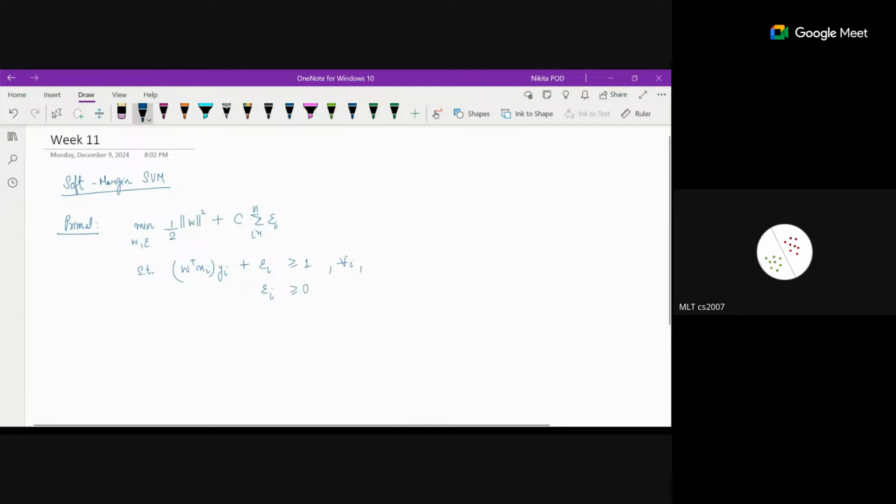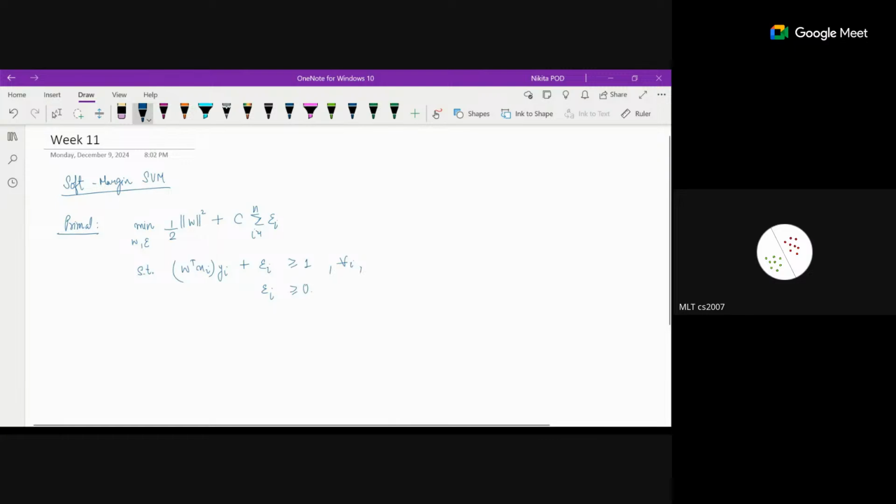Here C was a hyperparameter, giving an idea of how much bribe each point was paying to go to the correct side. This can also be called a slack variable.